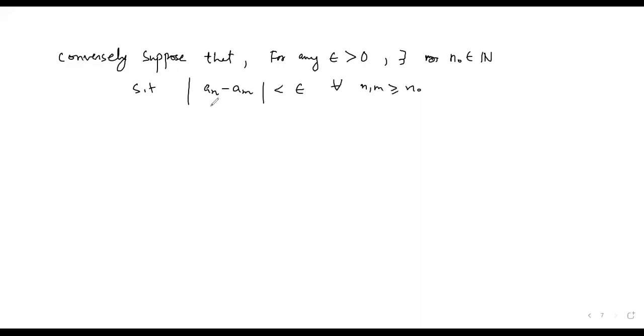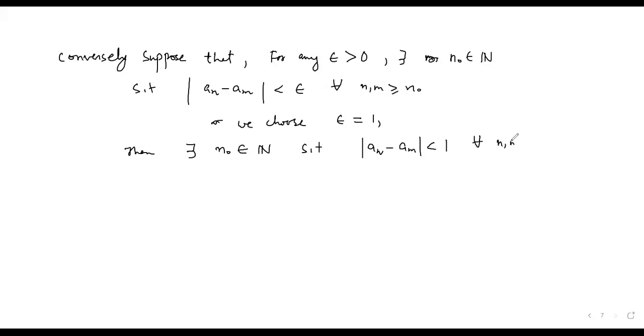Okay, so what will we do? To make our case easier, we choose epsilon equal to 1. Because it can be any positive number, there exists n naught belonging to the set of natural numbers such that |a_n − a_m| is less than 1 for all n, m greater than or equal to n naught.